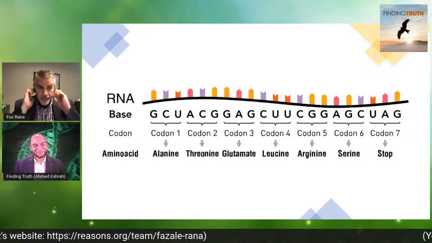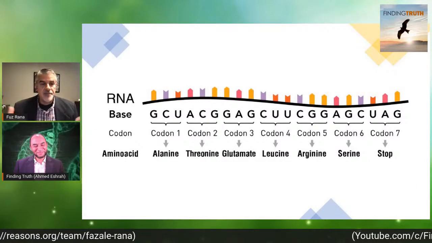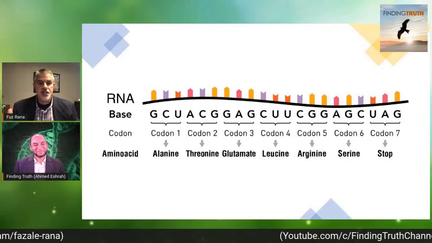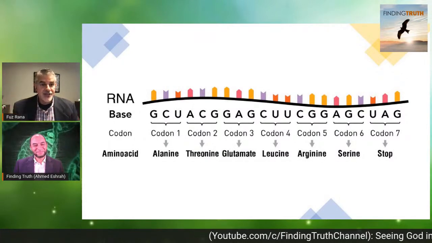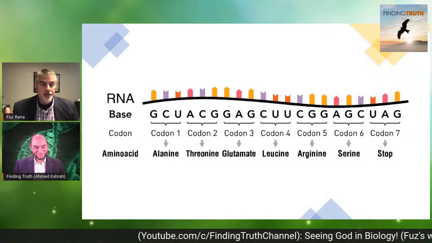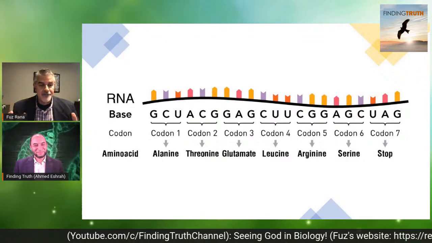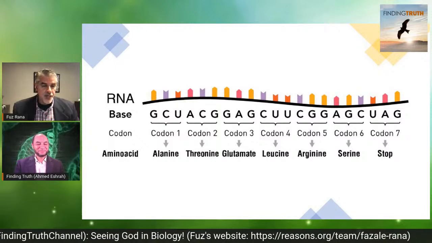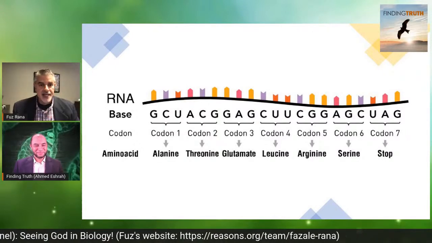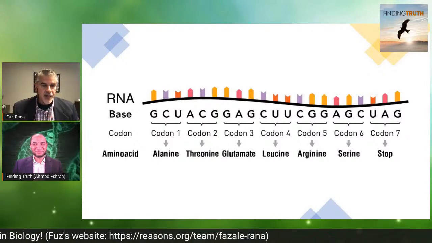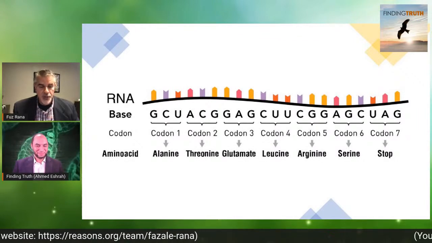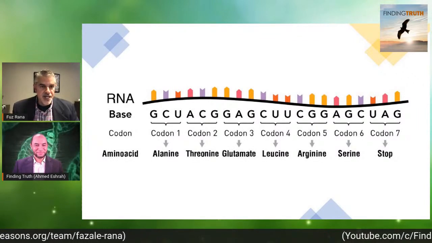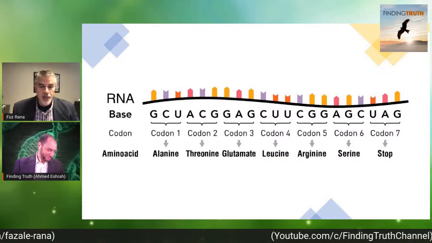But those would be essentially unnecessary. That would be excessive. So what you see with the genetic code is this highly efficient system where you have just enough complexity to accommodate the 20 amino acids, but not excessive complexity that would be superfluous. And so there's an elegance to the genetic code in that sense as well.